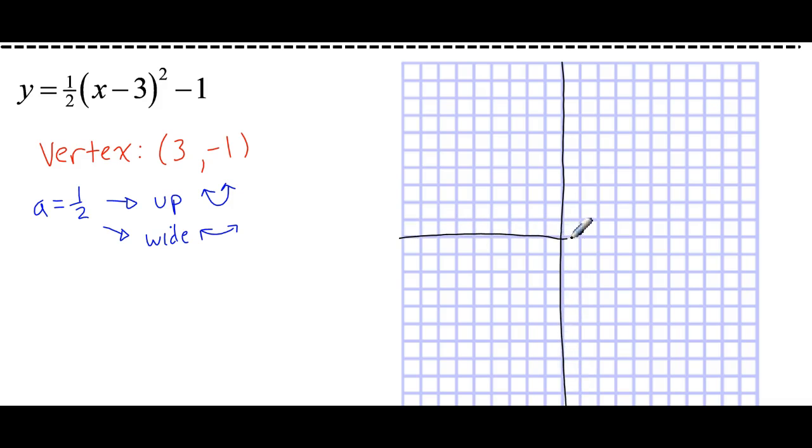And this is one of the things that's a little tricky about this section of the book. When we say, where's the vertex and which way does it point, why do you want to know this? Well, maybe you're solving a word problem where this is related, and the fact that it points up instead of down might be all you needed to know. Or the fact that it's wide instead of narrow might have been all you needed to know.